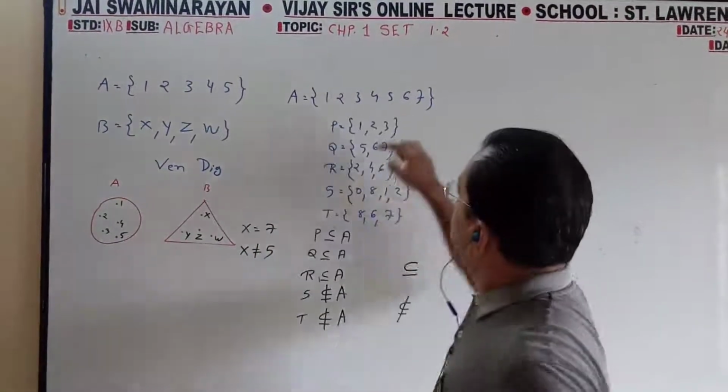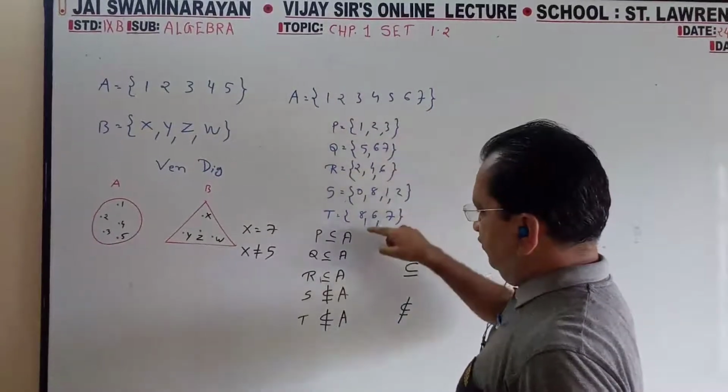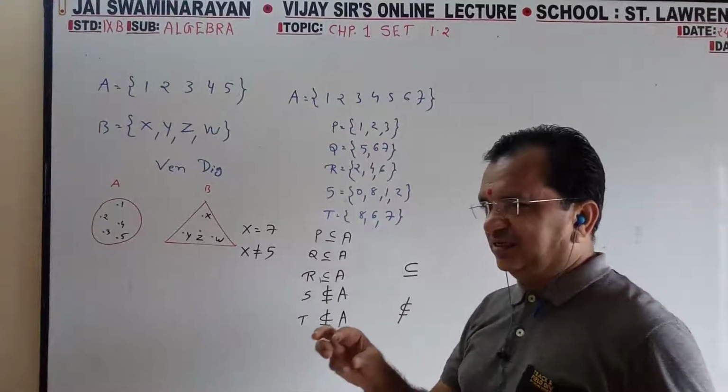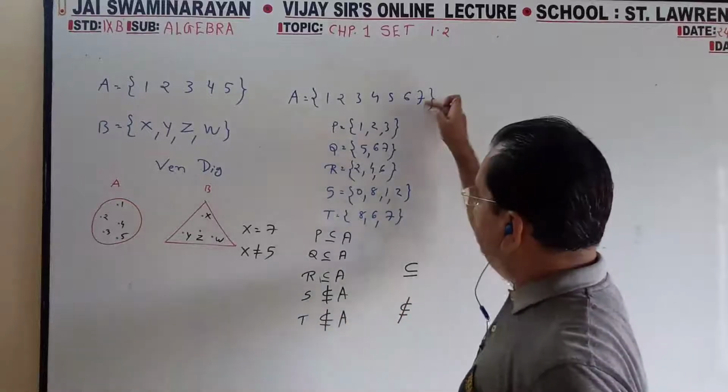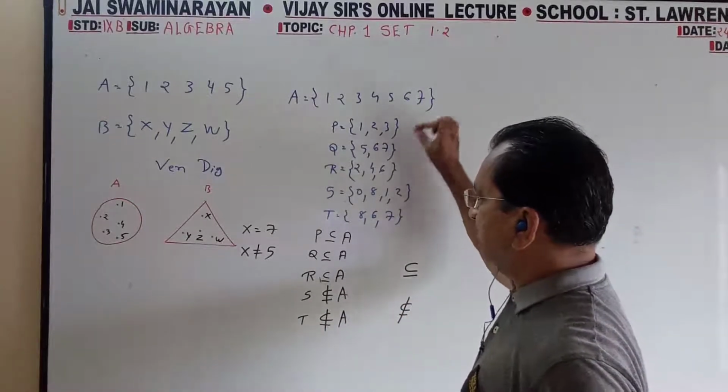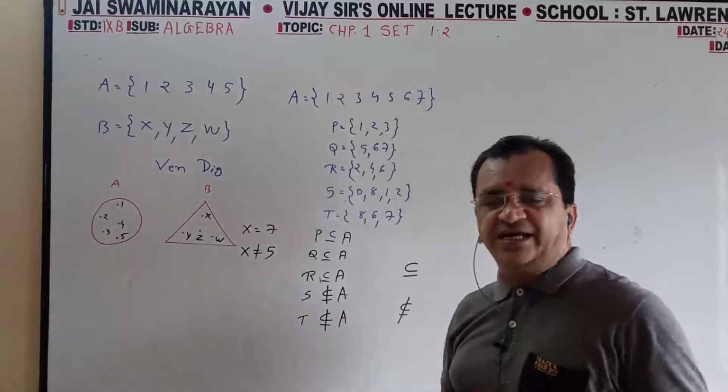Okay, two sets. We are comparing, it is a set and subset. So these are small parts. Is the small part a part of the big part or not? Then it is a subset.